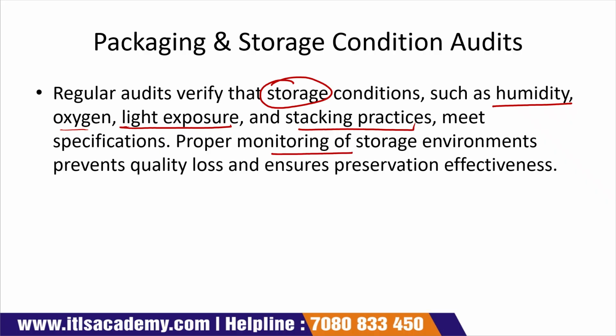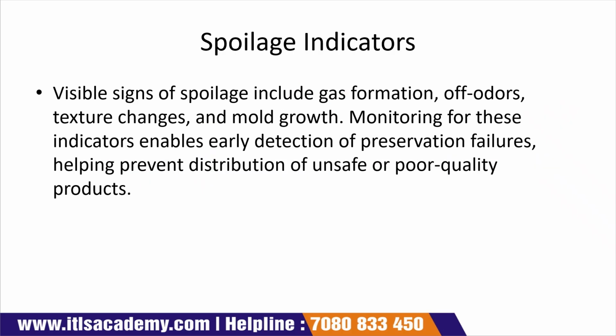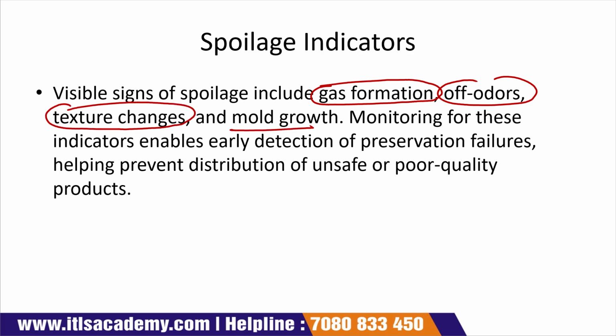Proper monitoring of the storage environment also prevents quality loss, and it can ensure preservation effectiveness. Next, visible signs of spoilage include gas formation, odors, texture changes, and mold growth.